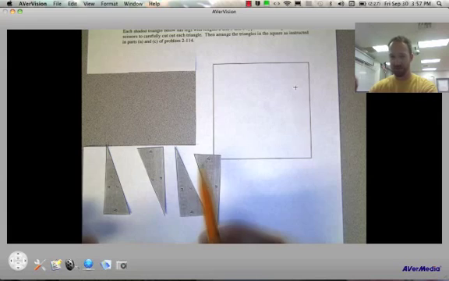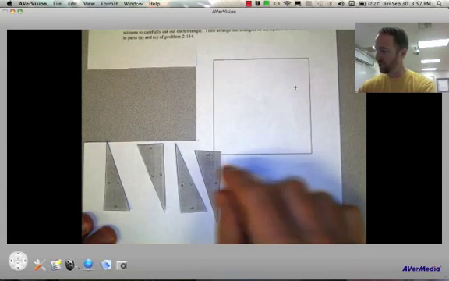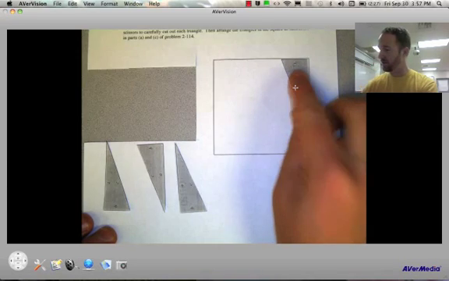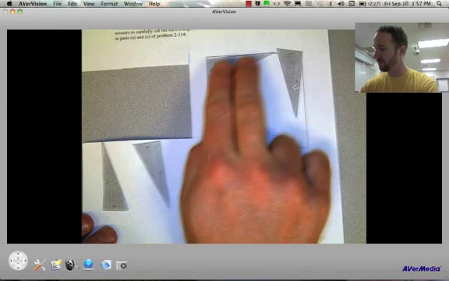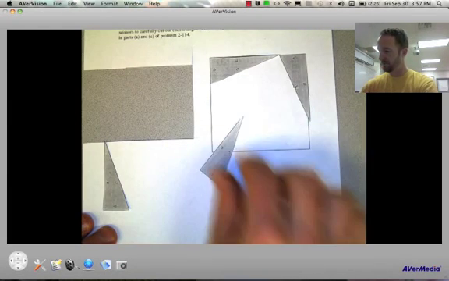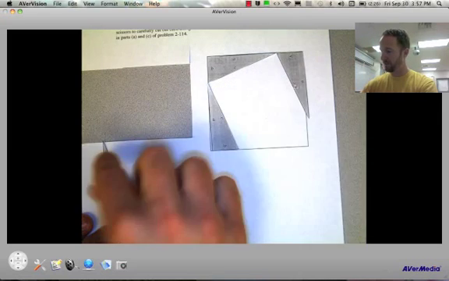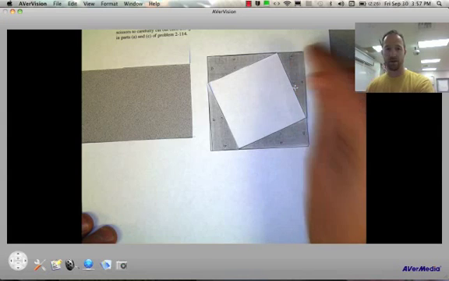Here you see I've got 4 triangles. I'm going to arrange them in a pattern that's familiar to you from a lesson a couple days ago. There we go.